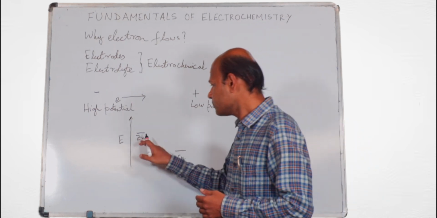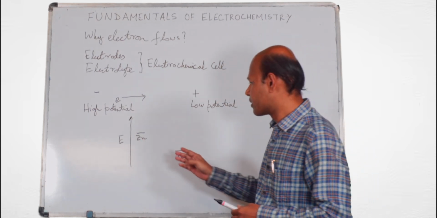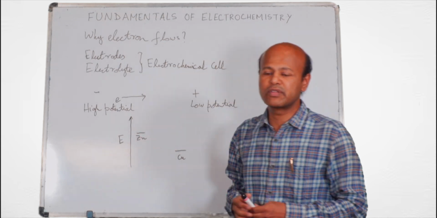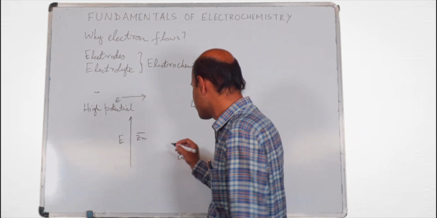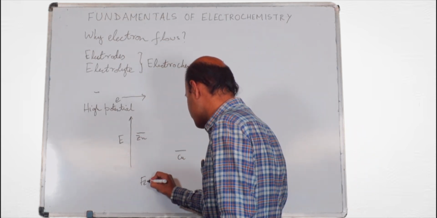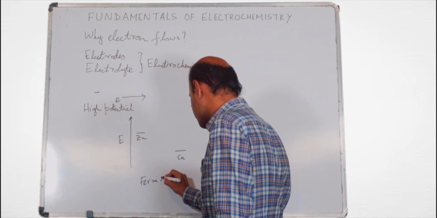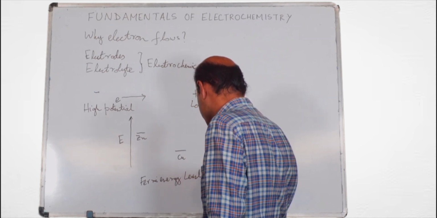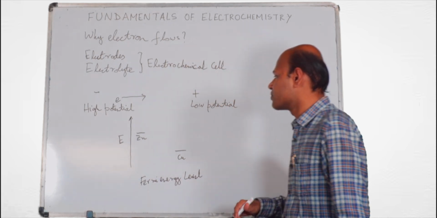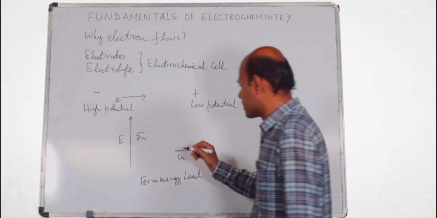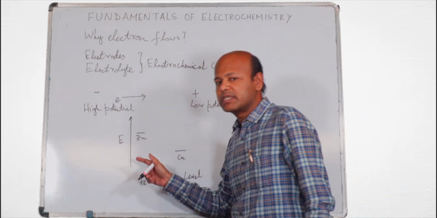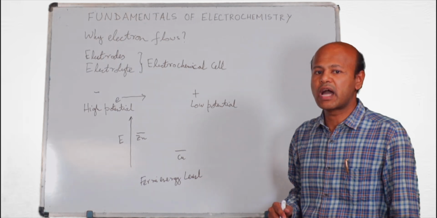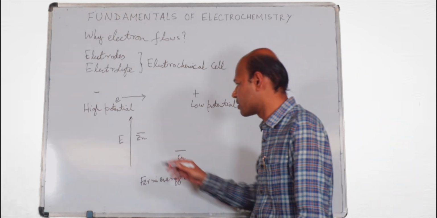Why will the electron flow? What will be the determinant for the flow of the electron? That is the Fermi level. The Fermi energy level is the determinant. So this is the energy diagram, and you can understand by using it. In the case of zinc metal, the Fermi energy level is the highest occupied molecular orbital or energy level.